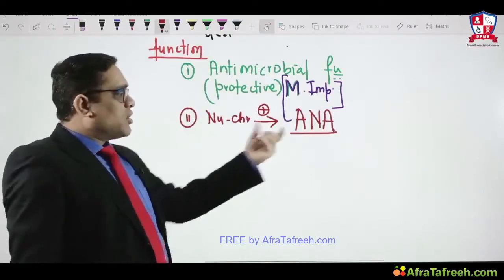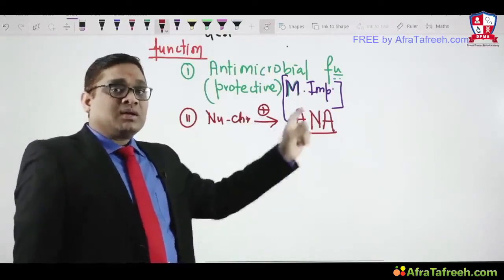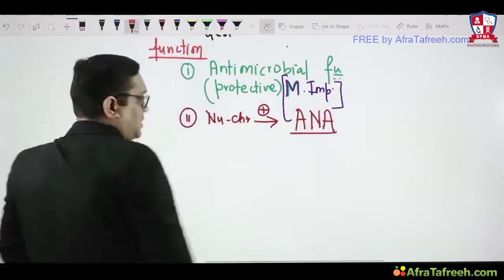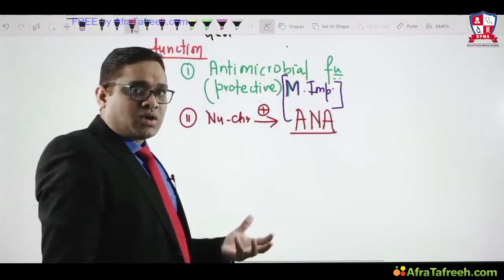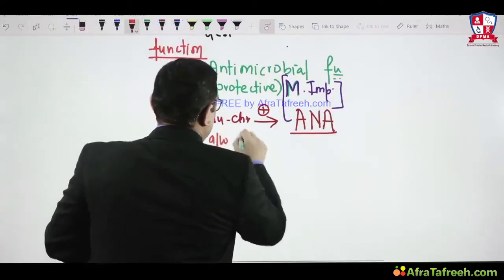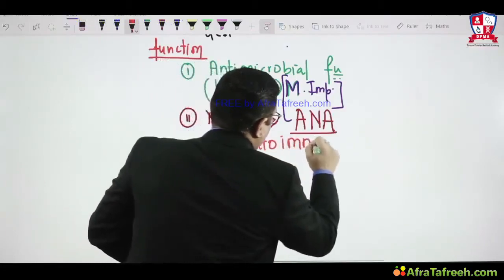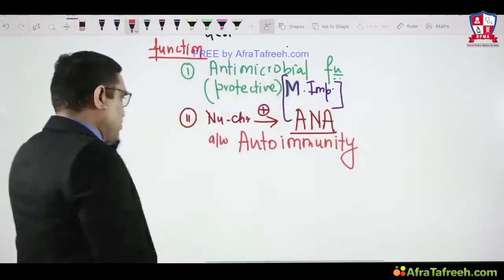For an antigen, what antibody will be formed? Anti-nuclear antibody. When anti-nuclear antibodies are formed, what disorder do you see? SLE-like disorder, scleroderma-like disorder. What are these disorders? Autoimmune disorders. That is why NET is also associated with autoimmunity.